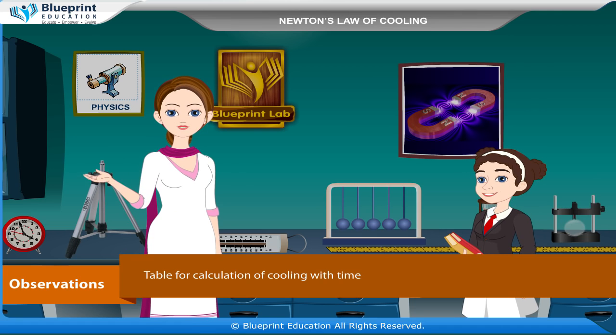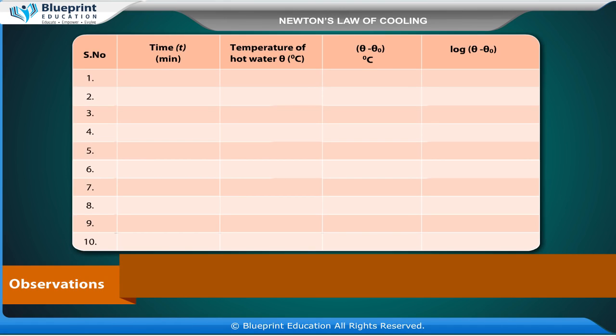Table for calculation of cooling with time. Serial number, time t in minutes, temperature of hot water θ in degrees Celsius, θ − θ0 in degrees Celsius, log(θ − θ0).